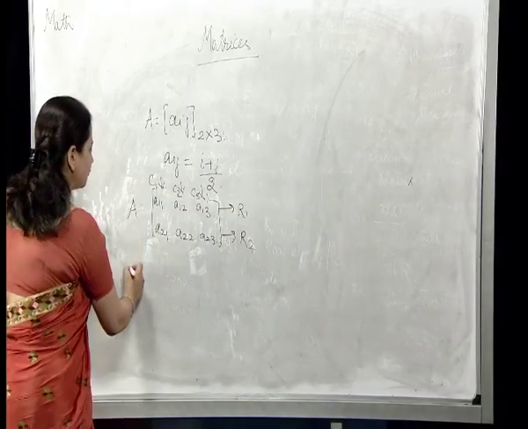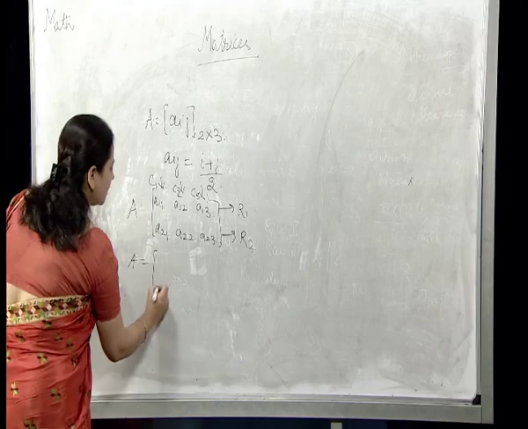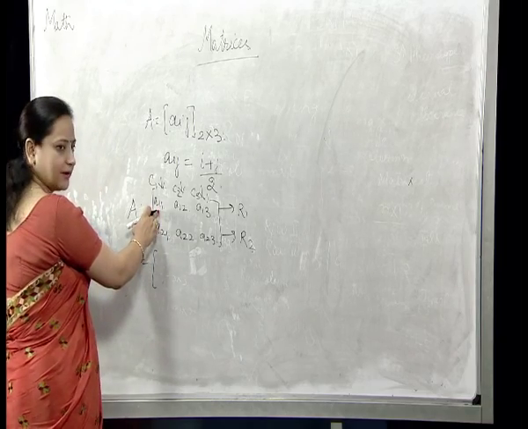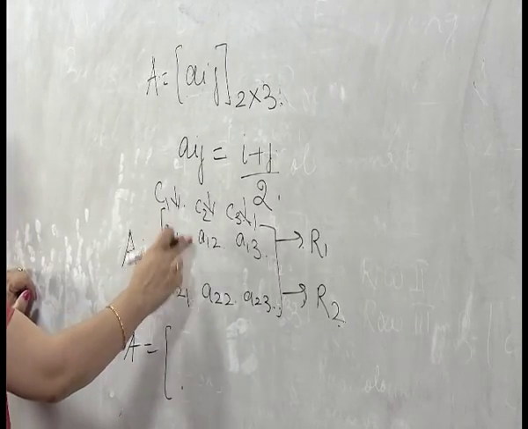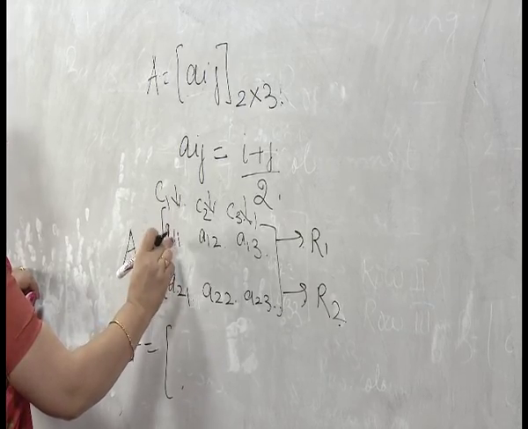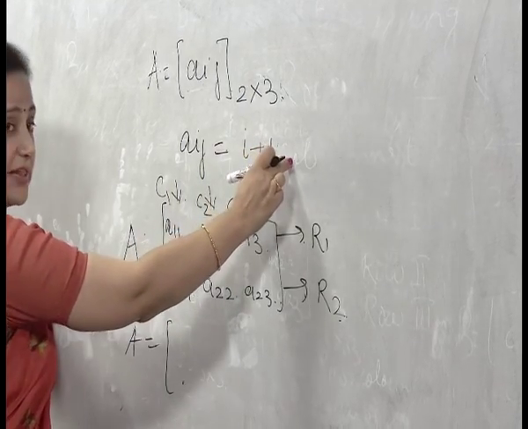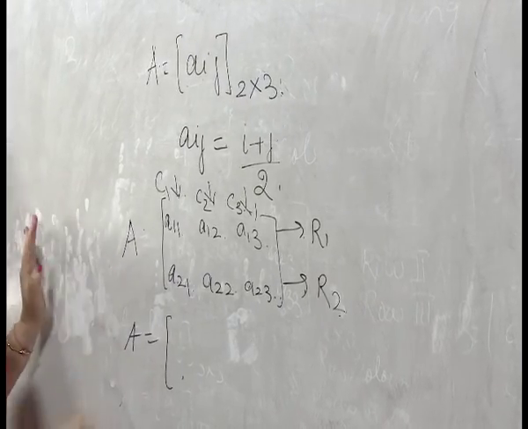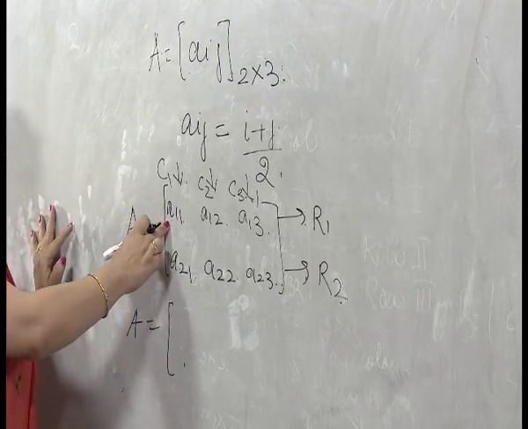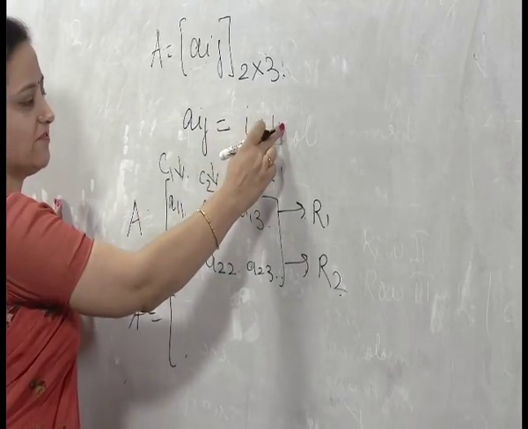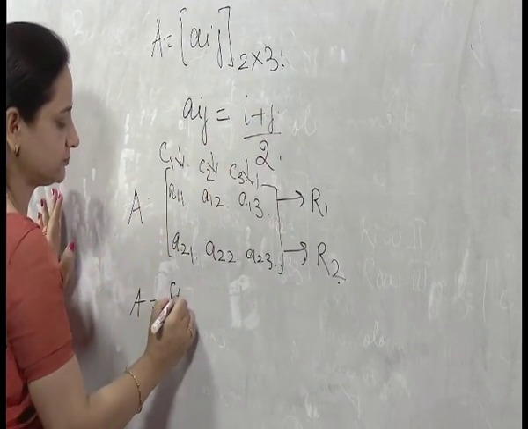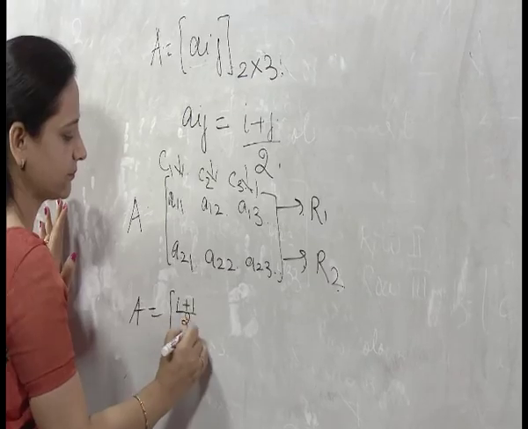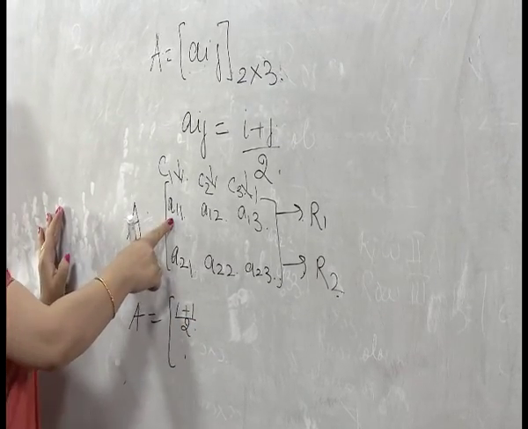So what I have to do is write the values of i and j from here in this formula and find the elements of the matrix. So this is the element A11: (1 plus 1) by 2.